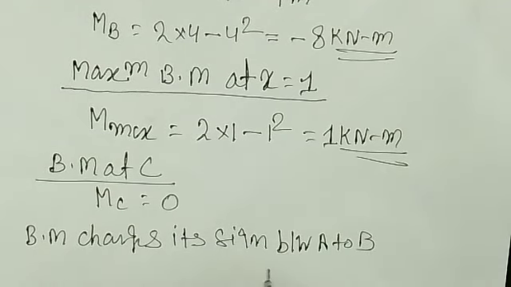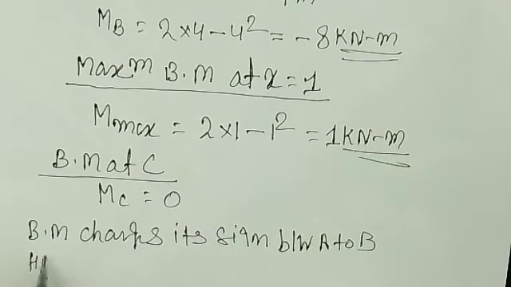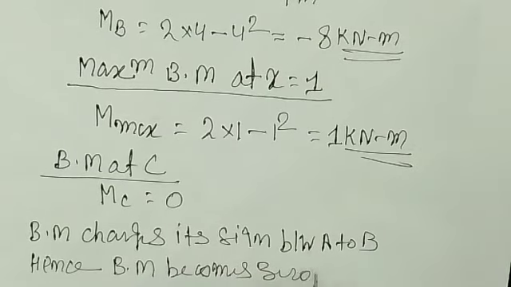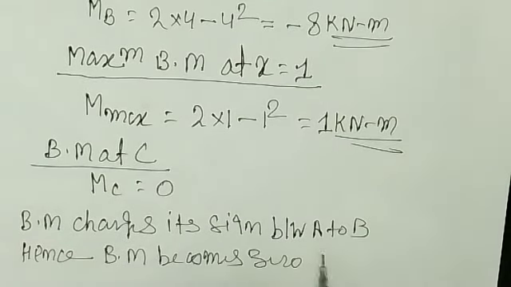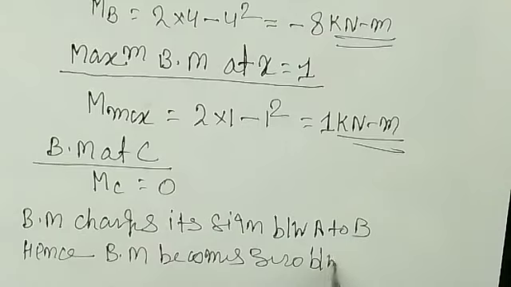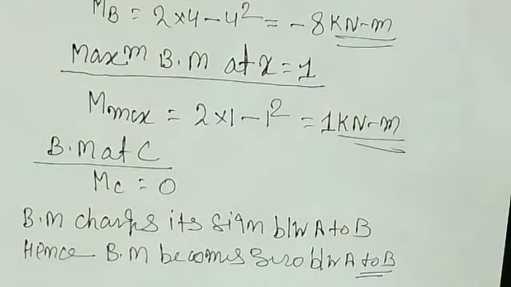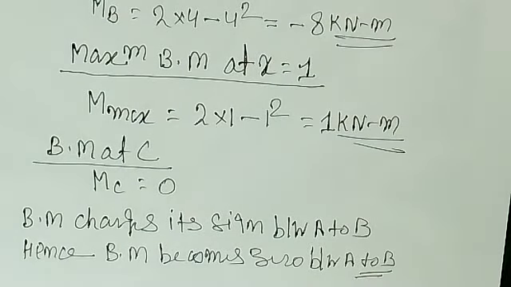A to B means from positive to negative, hence the bending moment becomes 0 between A to B, right? And that point is known as the point of contraflexure, right? So you can say here in fresh, I can show you.